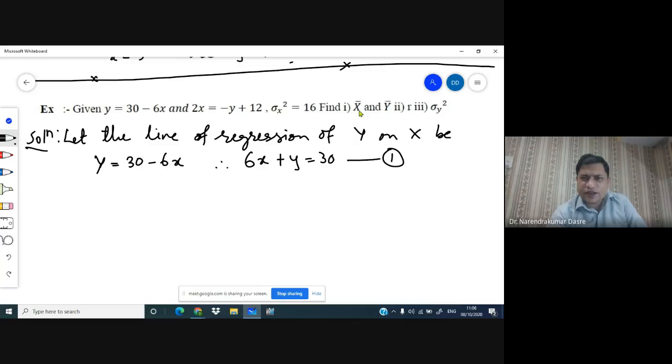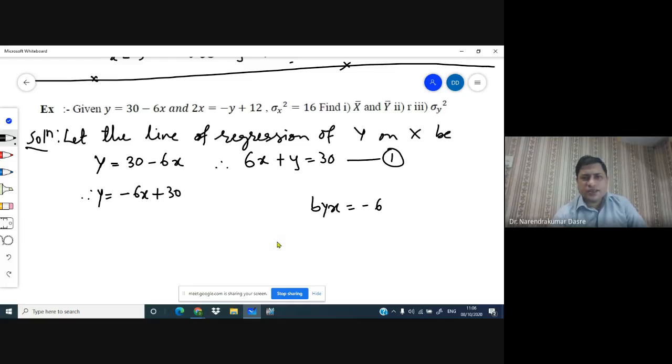Because we want to find x bar, y bar, so that we can use this equation. Here we can directly write y is equal to minus 6x plus 30. So what will be byx? byx is minus 6.